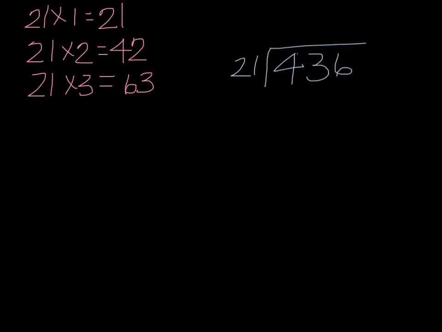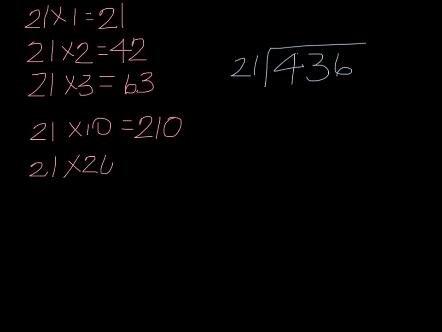But we don't have to go there because now we're going to take what we know about 21 times 1 and change that to 21 times 10. And that's going to be 210, or 21 and a 0. Now 21 times 20. Let's go back up here. 21 times 2 is 42.